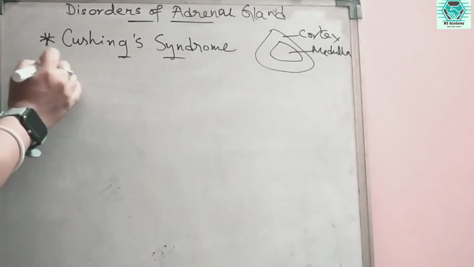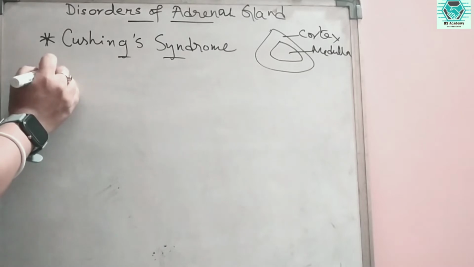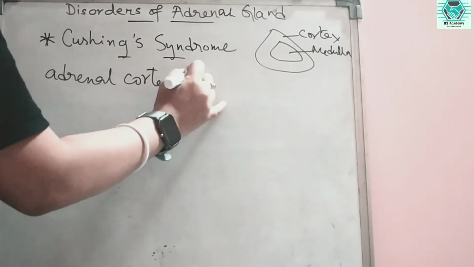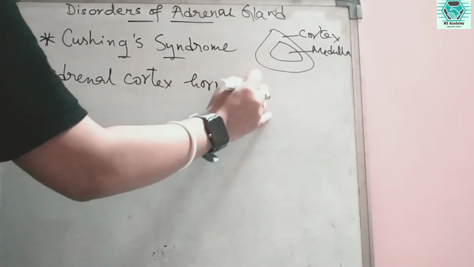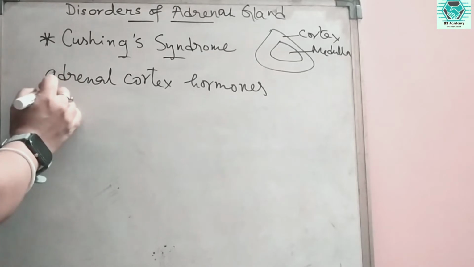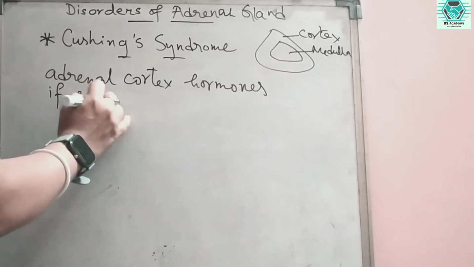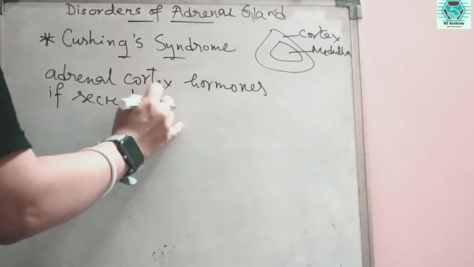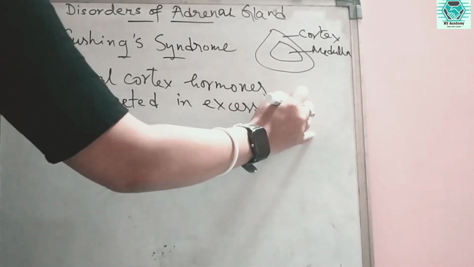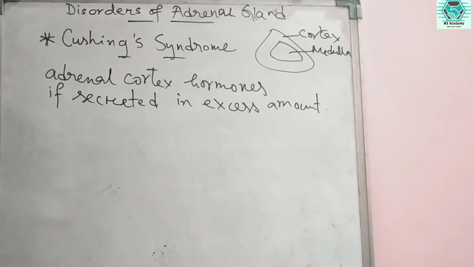So the adrenal cortex hormones, if they are secreted in excess amount, this Cushing syndrome is a very important type of disorder.